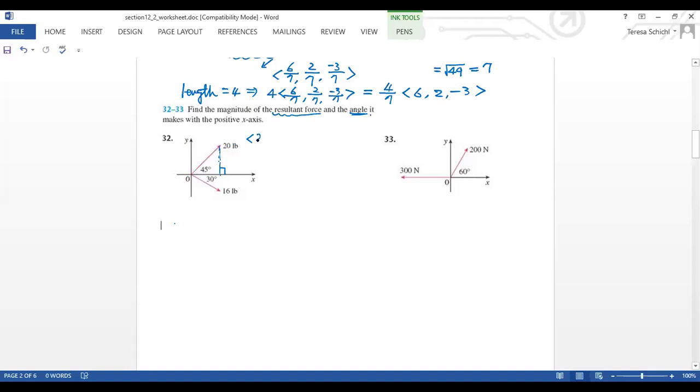It will be 20 cosine 45, correct? Because adjacent over hypotenuse is cosine 45. So the horizontal, x direction force is 20 cosine 45. In the same way, the vertical, y direction force is 20 sine 45 degrees.